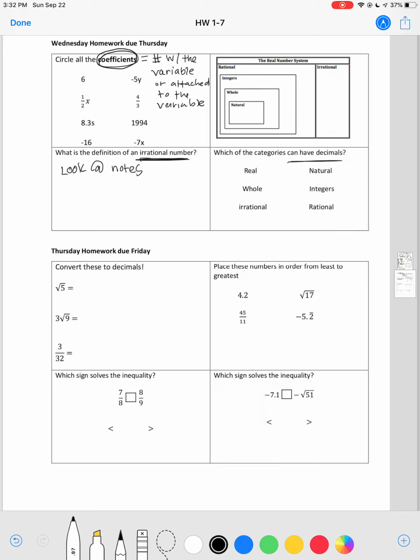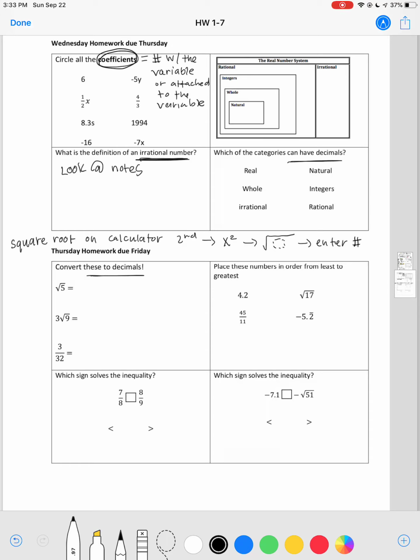Convert these, okay, looking at Thursday, convert these to decimals. This is where your calculator will come in handy. Remember again, to find the square root, you'll push the second, and then the x squared, and then you'll get your box, and then enter the number, and convert these to decimals.